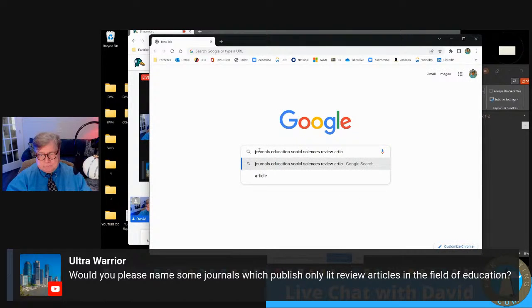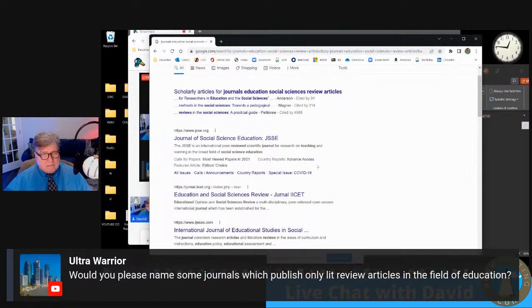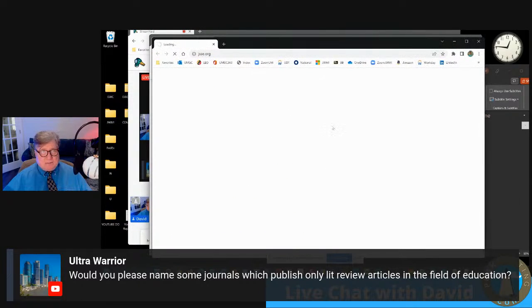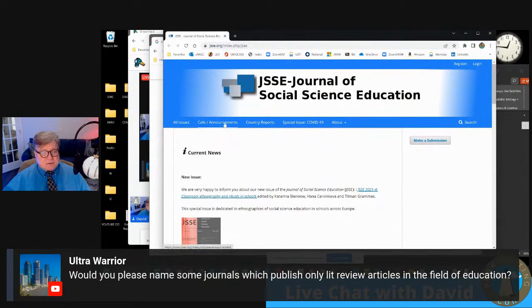See what we get. So what you would need to do here, Ultra, is to go through each one of these and see what kind of articles they publish. So let's go to this. So here's their calls and announcements area.